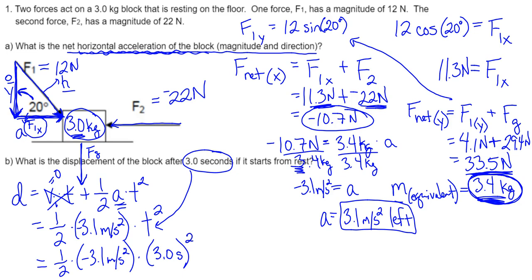If I take all of that, 1/2 times negative 3.1 times 3.0 squared is just 9, so we'll just say times 9, and we get a total displacement of negative 14 meters. Or another way that we could write that is 14 meters left.